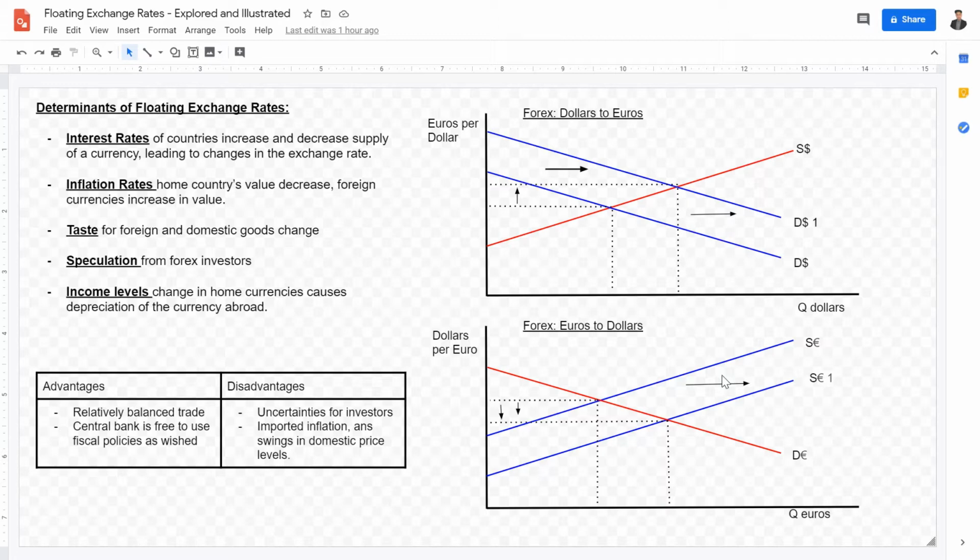Right here I have five different determinants and causes for currencies to change their values. The first one is interest rates. If a currency decreases its interest rates, that is an expansionary monetary policy or expansionary fiscal policy. Expansionary policies will lead to an increase in money supply in the home country's currency.